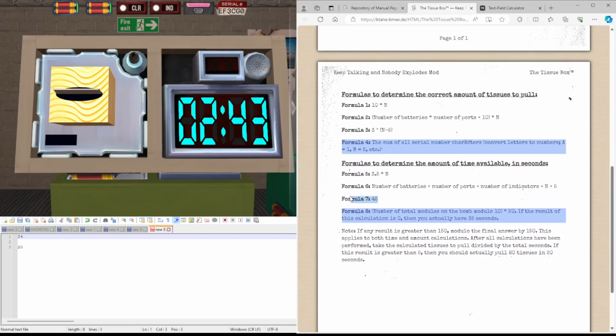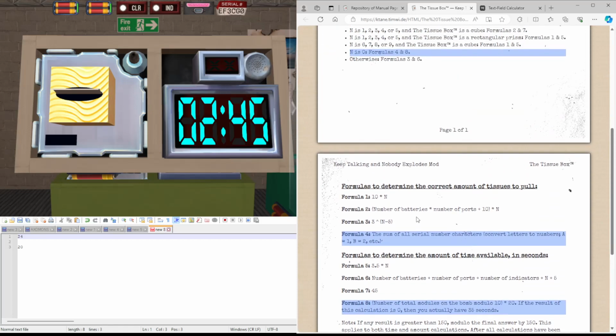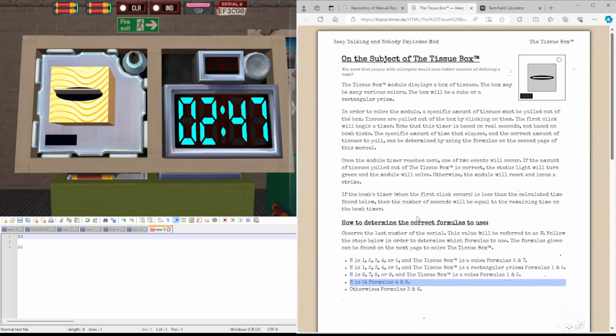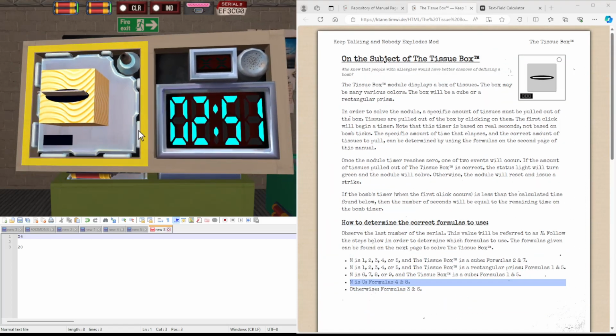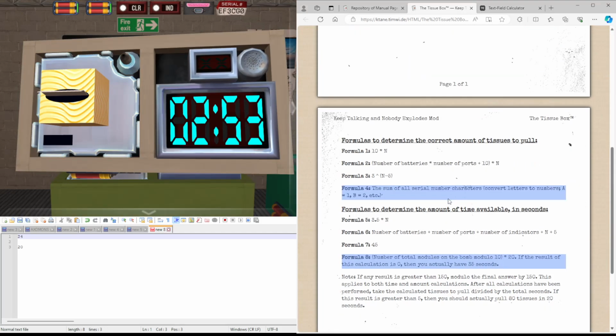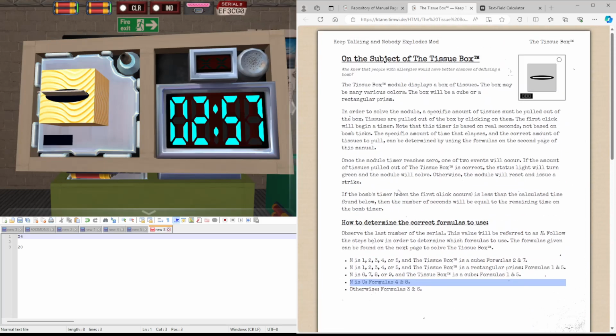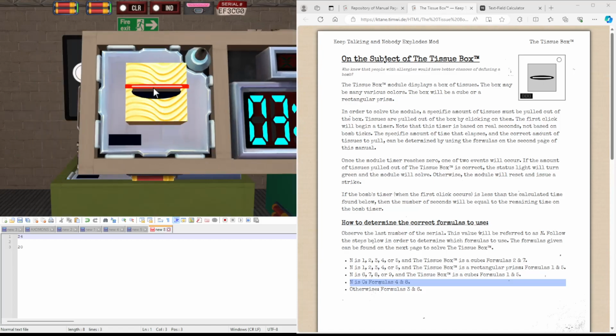I like the formula though, it's literally just 45. Okay, so we now know we're going to be pulling 24 tissues in 20 seconds. The time limit isn't really relevant, you just need to get the correct amount of tissues within that time limit. So, let's do this.